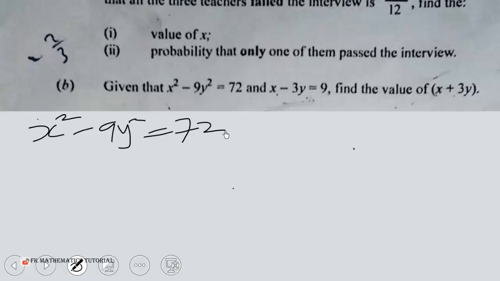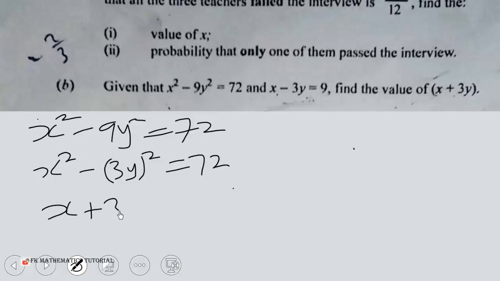So this is the same as x squared minus 3y all squared equals 72, which is the same as x plus 3y times x minus 3y equals 72.